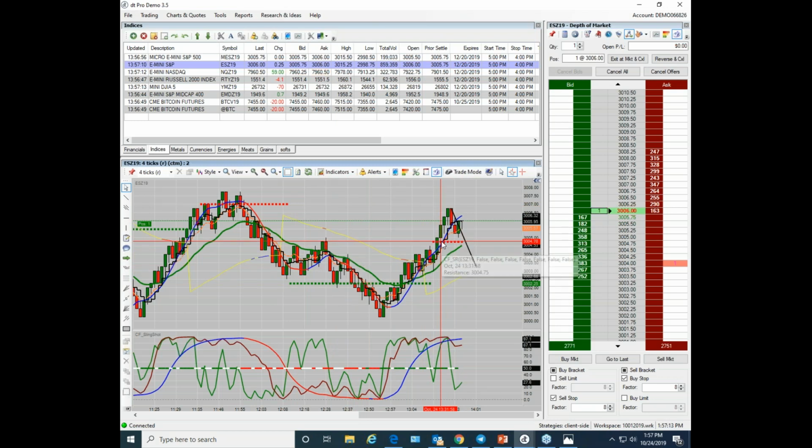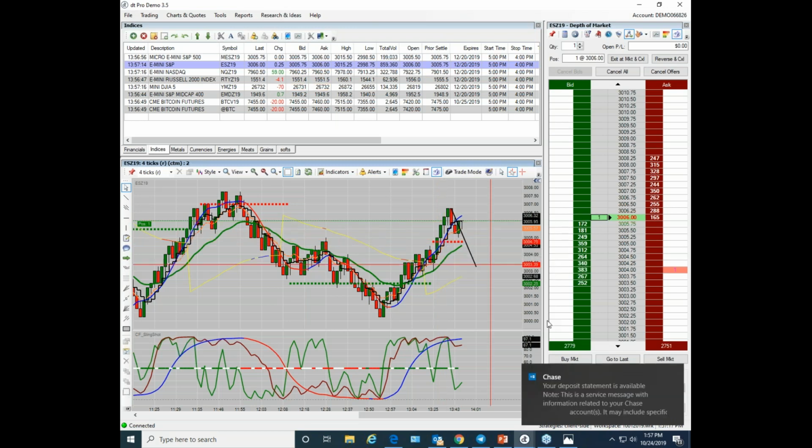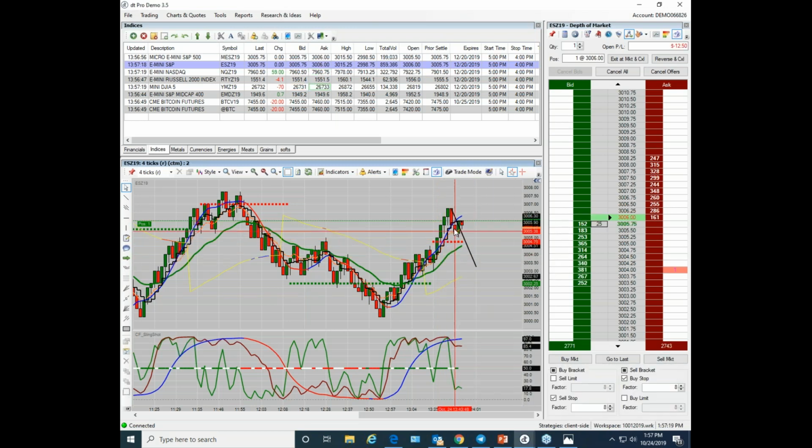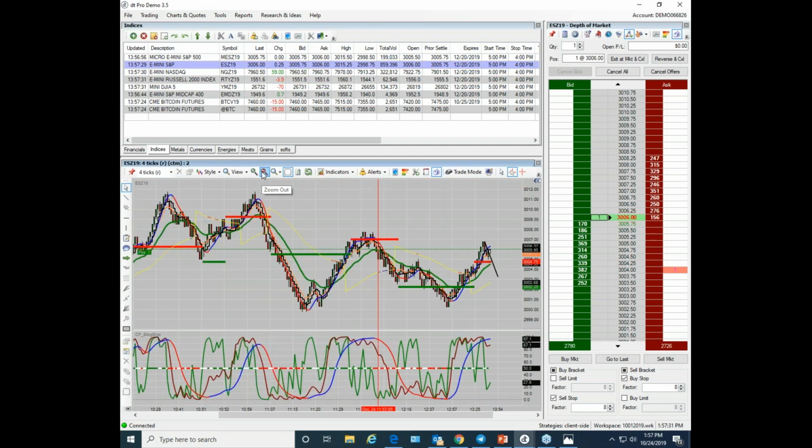I wouldn't be too excited about that. The fact that we're trading above dynamic resistance should give you some confidence. So maybe we're still stepping up. Maybe we're going to challenge this top now. So use the dynamic support and resistance dots in your favor.